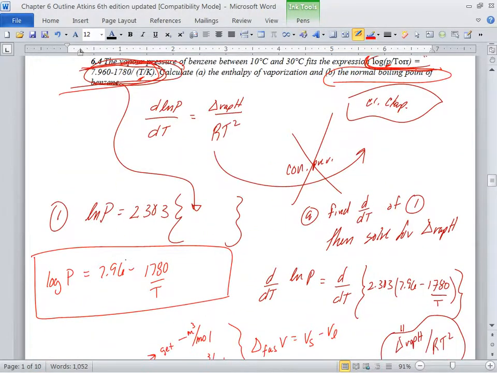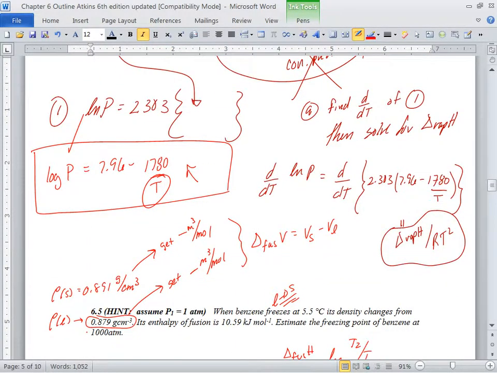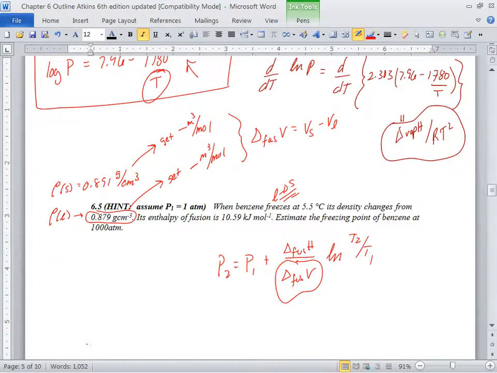So if we know the pressure, let's solve for T. And P, they said, is normal. Well, 1 atmosphere. But it needs to be in torr, so 760, because a torr is a millimeter of mercury. Then just solve for T. We're out of time.